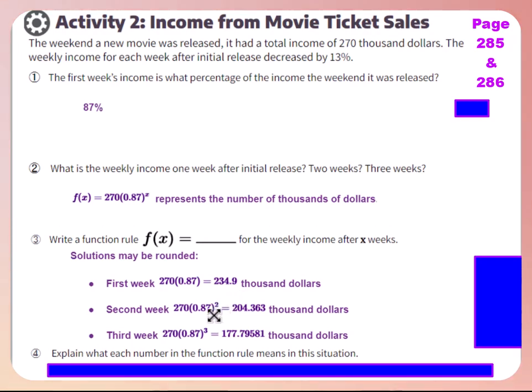For the second week, raise 87 hundredths to the second power. Multiply it times 270, and you'll get $204.363 thousand. The third week, take your initial amount times 87% to the third power, and you should get $177.79581 thousand.